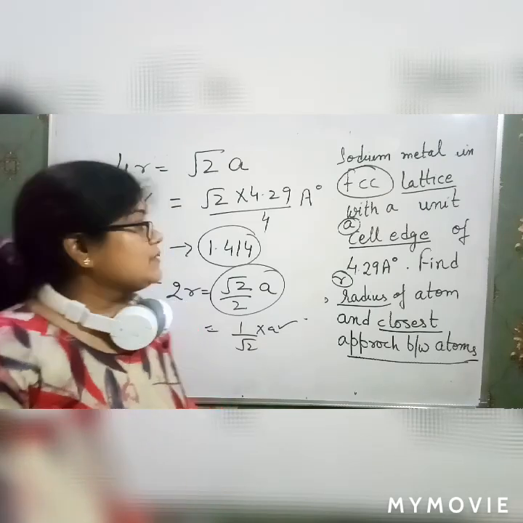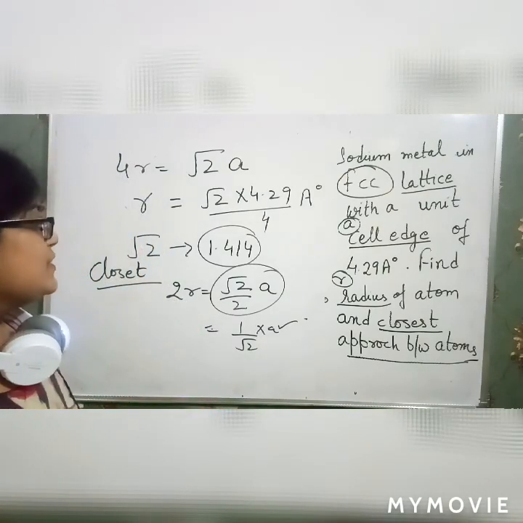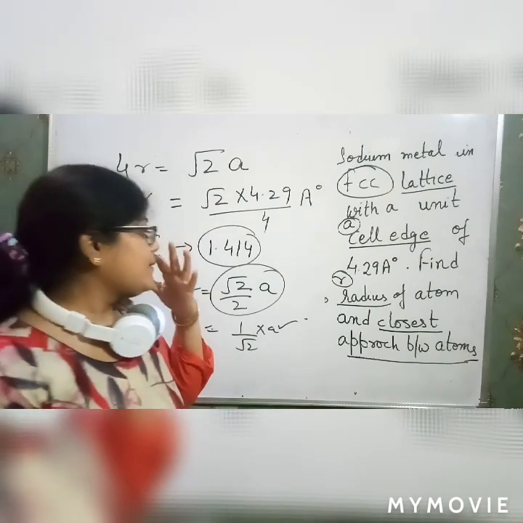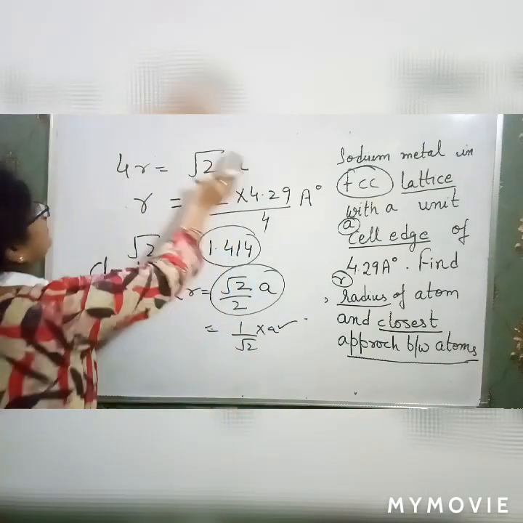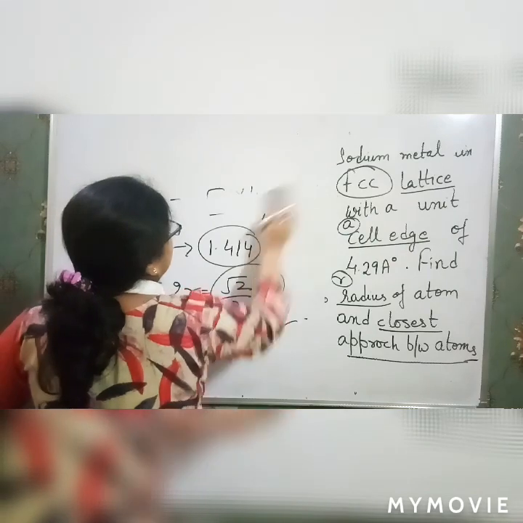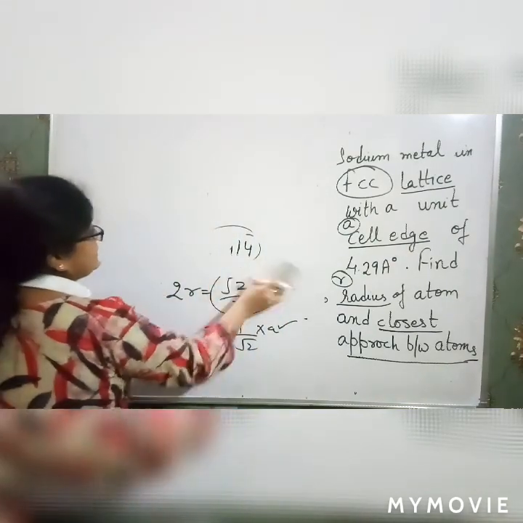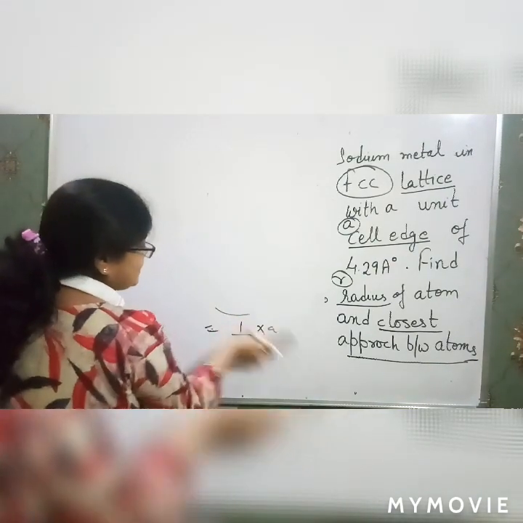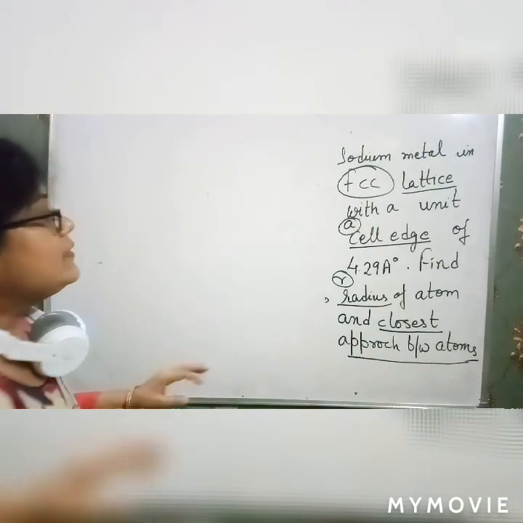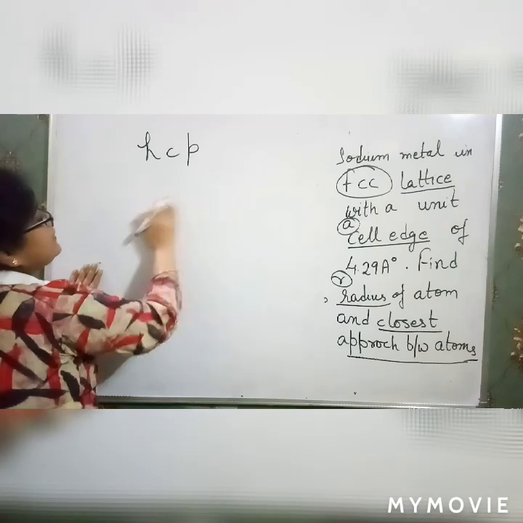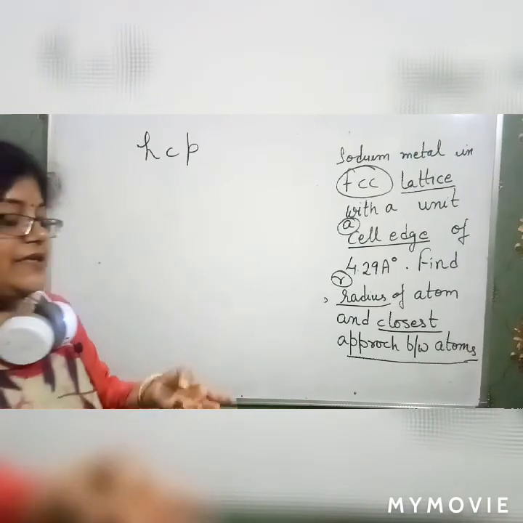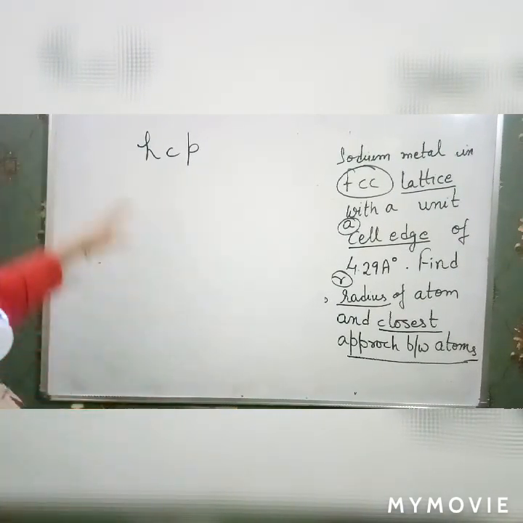Now I am proceeding to one more topic. Before taking one more topic, I also want to share with you something more, that in case of, for example, HCP lattice. I told you BCC, FCC and simple cubic, and HCP.